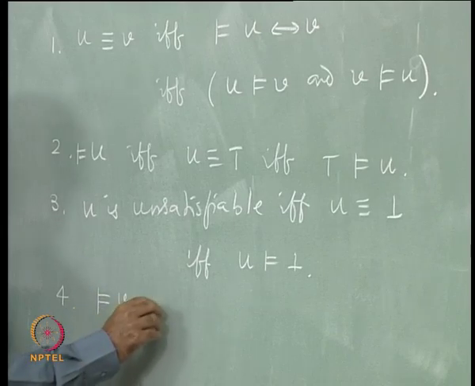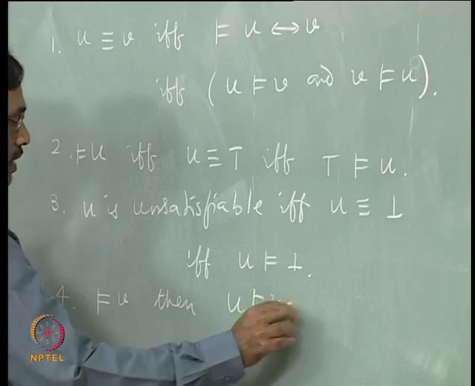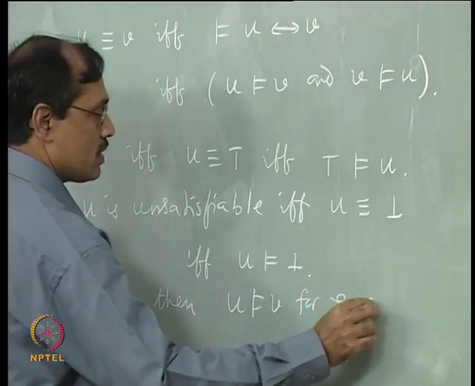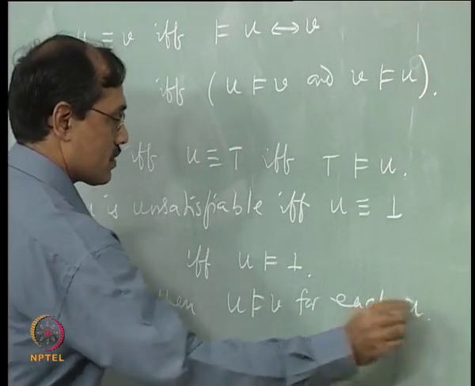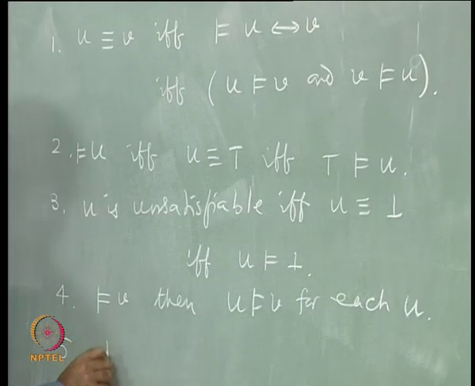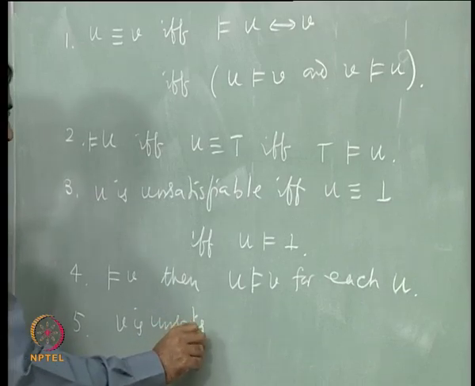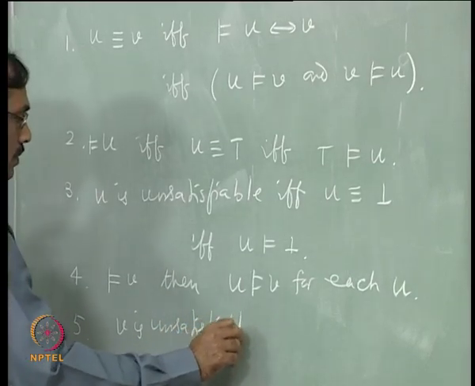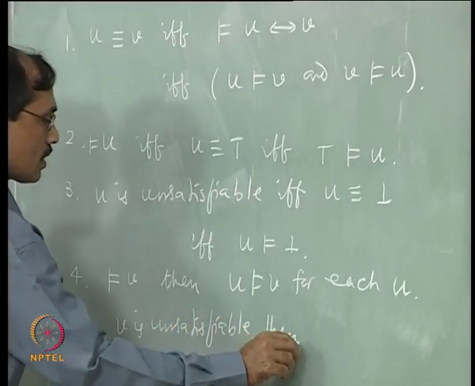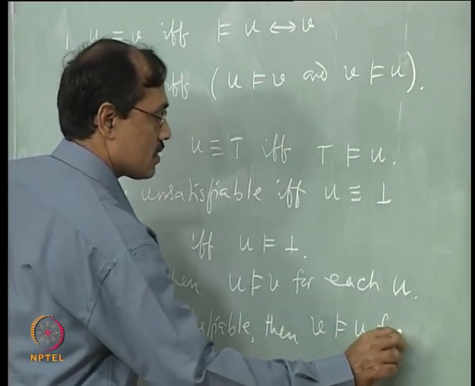If V is valid, then U entails V for each proposition U. And if you say V is unsatisfiable, then V entails U.